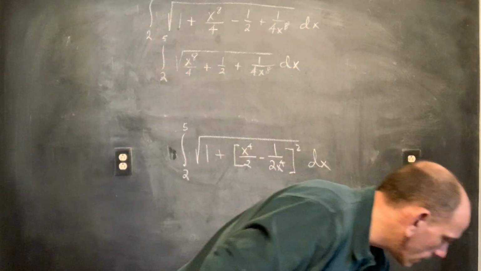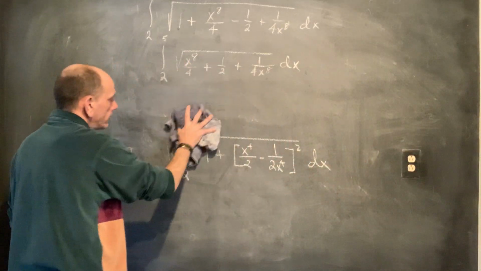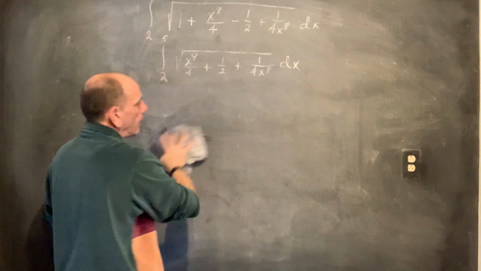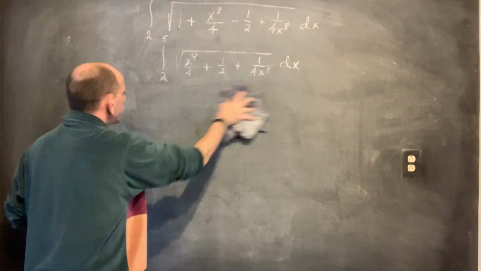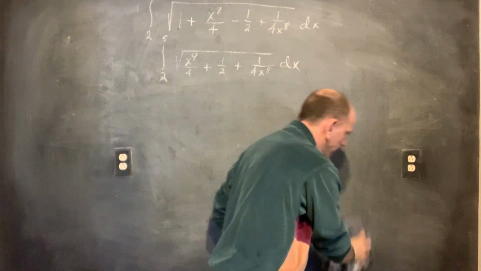Okay. So we distributed out and combined our like terms, simplifying that function as much as we possibly could. Now we're very much in deep trouble.